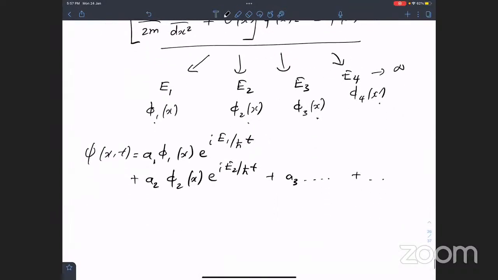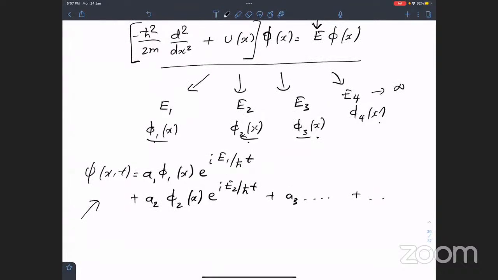The most general solution for a time independent problem is a linear combination of the energy eigenstates. Phi1, phi2 are called energy eigenstates.